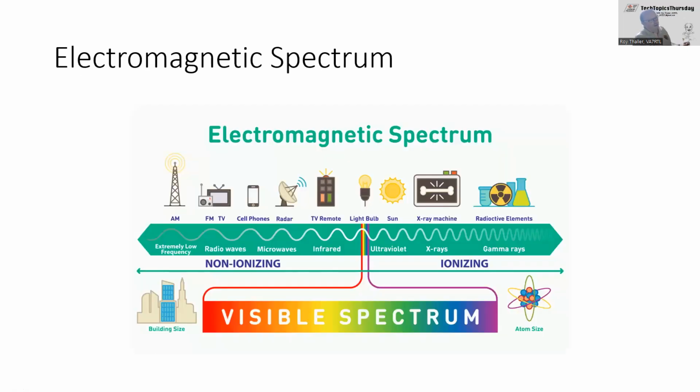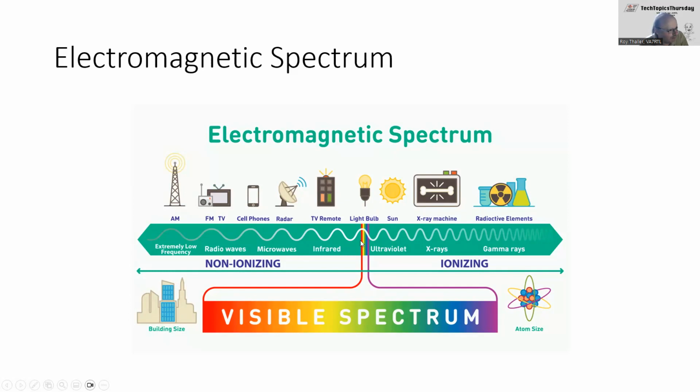So when it comes to the electromagnetic spectrum, it ranges all the way down here from gamma rays and radioactive materials all the way to the other side, which is your AM and even your power line at 60 hertz, which is way down here. Everything in between, you've got your X-ray machines, you've got your sun, which is the ultraviolet light.